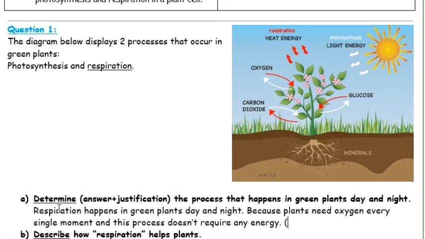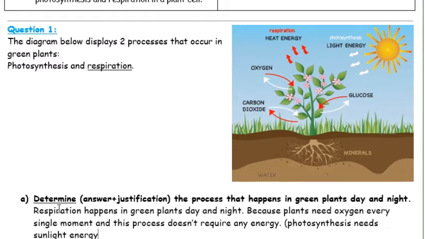I will add between brackets that photosynthesis needs sunlight energy and it cannot be done at night.